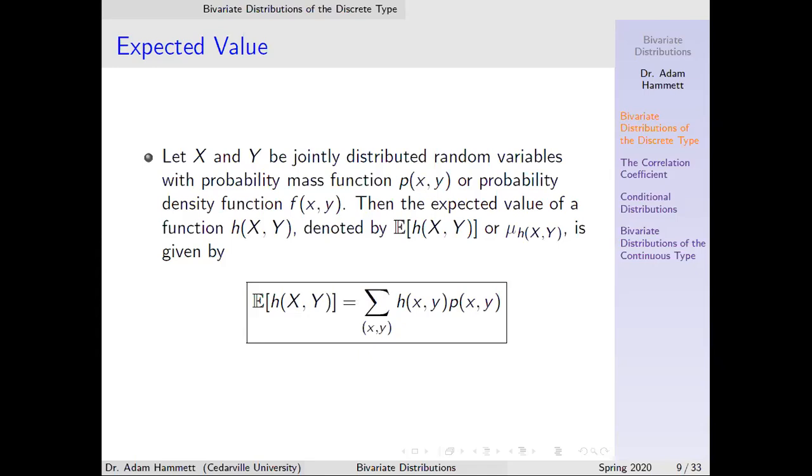Could be like x squared times y minus y squared times x squared or something. It could be any weird function of the random variables x and y. Oftentimes that's denoted by mu sub h of xy. Okay, and what you do is you just add up over all possible outcome pairs xy, h of little x little y times the joint probability mass function.